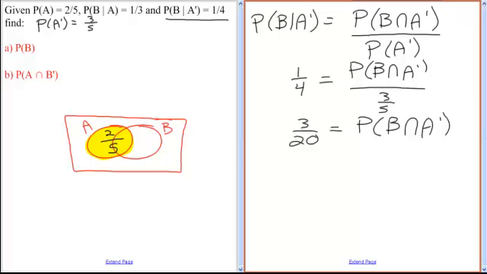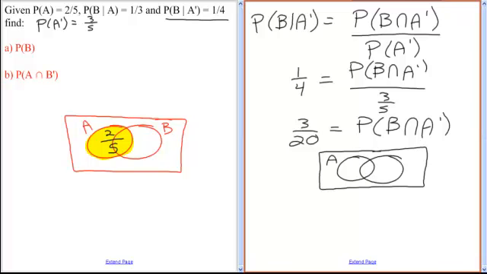What that means, here's A, here's B. B intersecting with the complement of A. Their intersection of the complement to A. Where they intersect is this region right here.